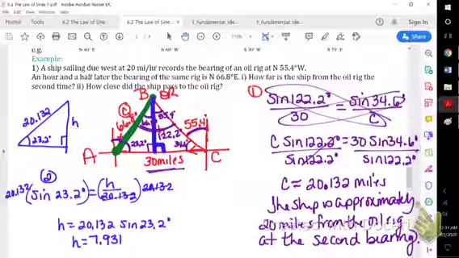Now, if you look at the notes that I posted online, mine says 7.879. It's because I used the 20 rounded, okay? But they're both really close. And so this would be miles.